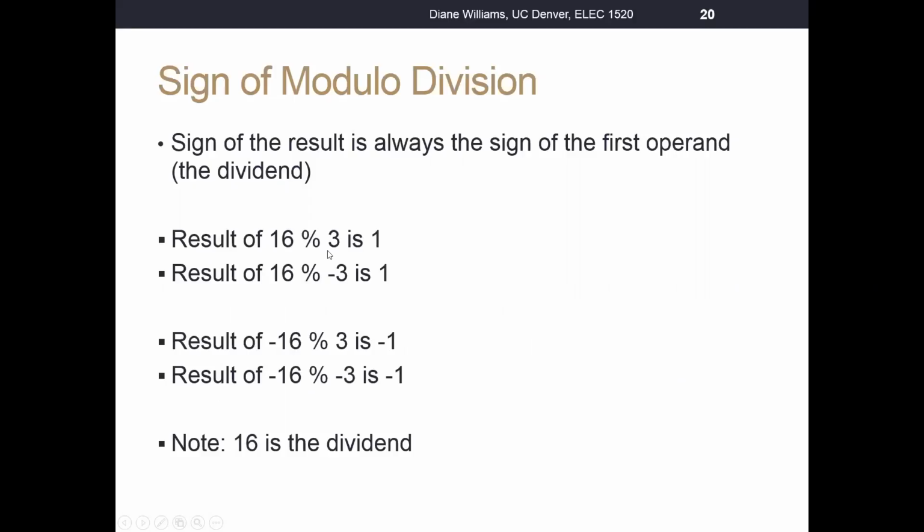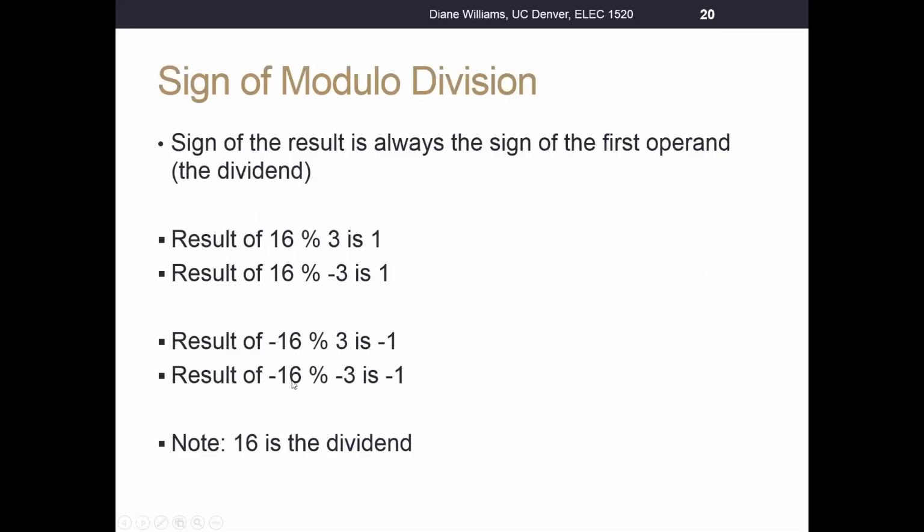So if you have 16 mod 3, well, that'll divide 16 by 3, right? 3 goes into 16 5 times. 5 is the quotient, leaving a remainder of 1, because 16 minus 15, which is 3 times 5, gives us 1. Right. Now 16, if we divide that by -3, well, if we multiply -3 by -5, we get positive 15, leaving us a remainder of 1. -16 divided by 3, we have to multiply that by -5 to get -15, leaving a remainder of 1.